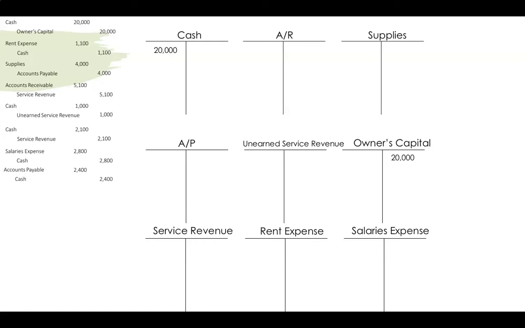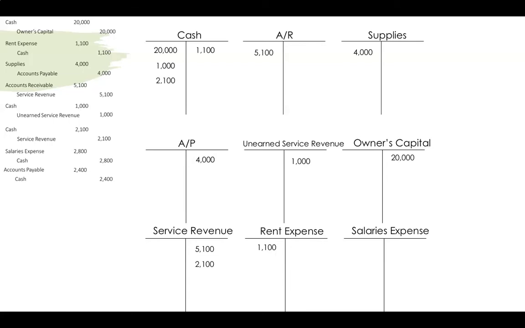And then we debited rent expense $1,100 and credited cash $1,100. Debited supplies $4,000, credited accounts payable $4,000. Debited accounts receivable $5,100, credited service revenue $5,100. Then we debited cash $1,000 and credited unearned service revenue for $1,000.